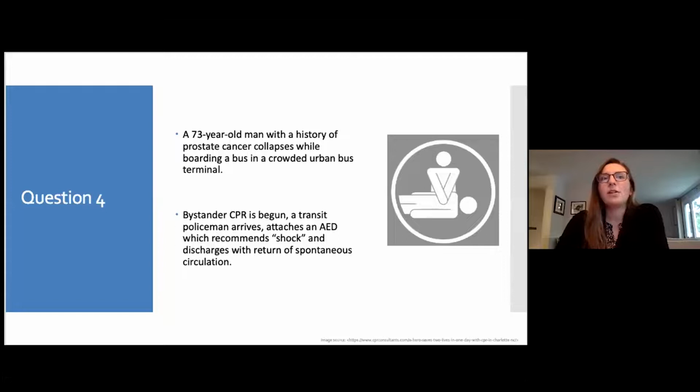Question 4. We have a 73-year-old man with a history of prostate cancer who collapses while boarding a bus in a crowded urban bus terminal. Bystander CPR is begun, a transit policeman arrives, attaches an AED which recommends shock, and discharges, and he has return of spontaneous circulation.